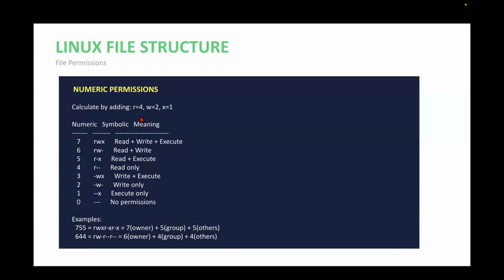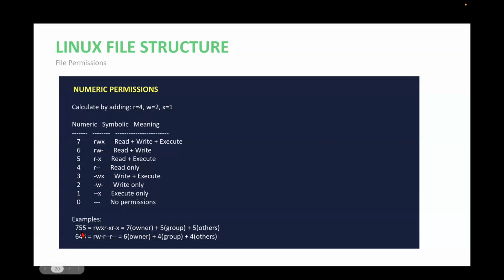So we know that when you see 5, 4 plus 2 can never be 5, and 2 plus 1 is definitely not 5. So you know that is 4 plus 1, which is read is 4, and then execute is 1. And then same goes for others too. So in this example, you have full permissions for the owner, read and execute for the group, and then read and execute for others.